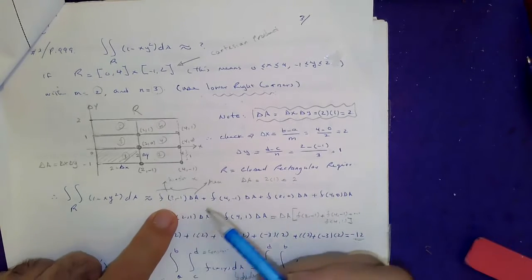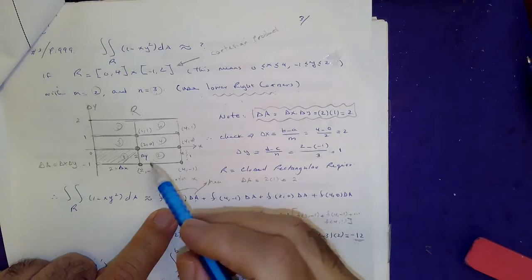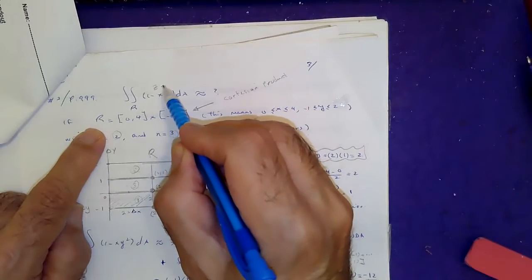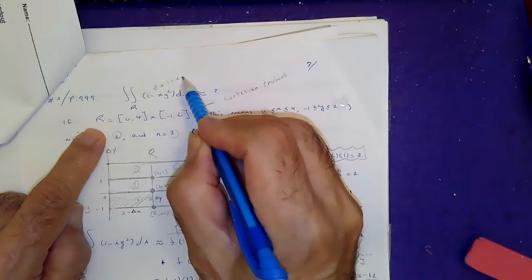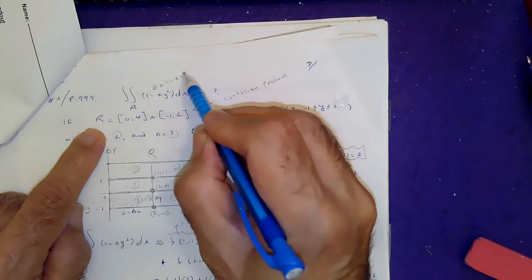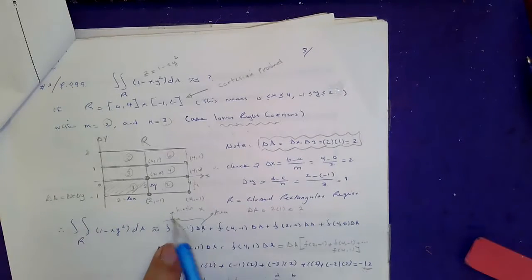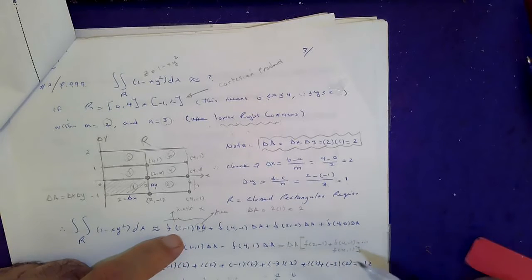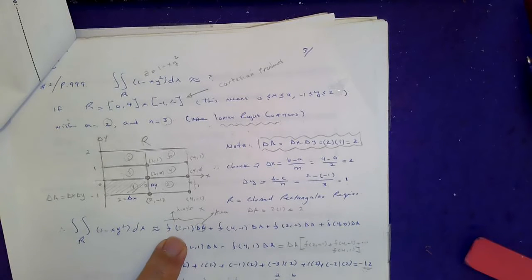So now what we do is what? Multiply the height of the function, which happens to be this guy. So this is the height, which in this problem is 1 minus xy squared. Evaluate it at these lower right corners and multiply by the corresponding area. So height times area gives you what? Volume.